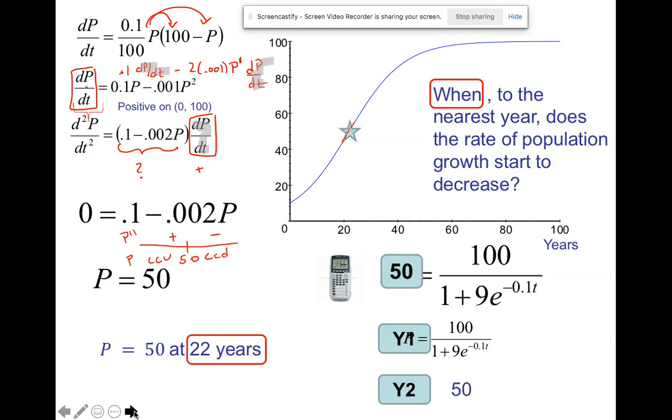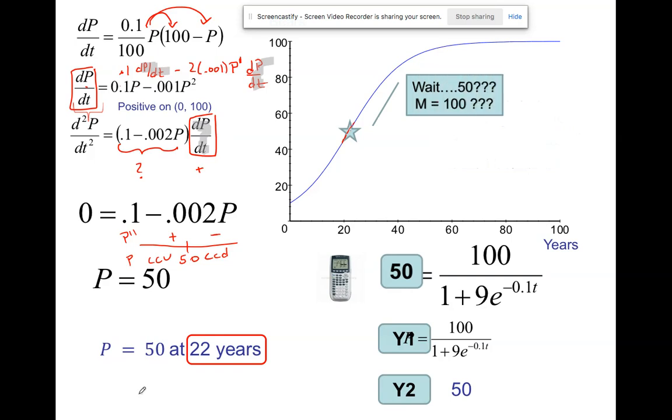Hey, wait a second. 50 was the population right when my population was growing the fastest and then started to decrease, on its way to the carrying capacity.